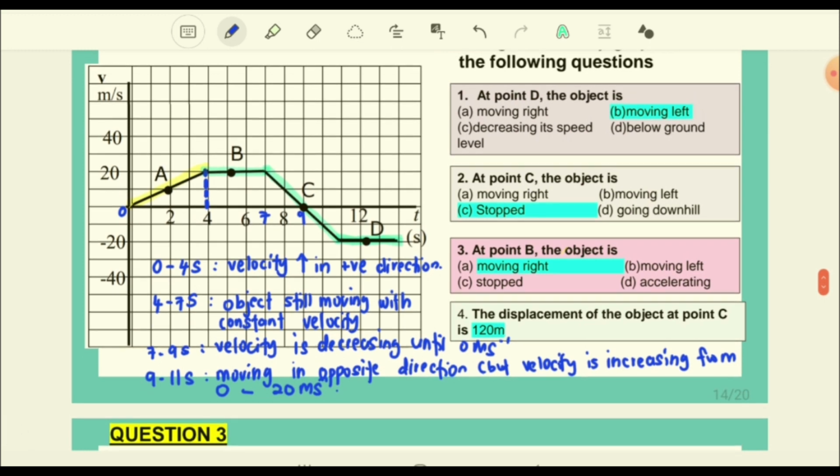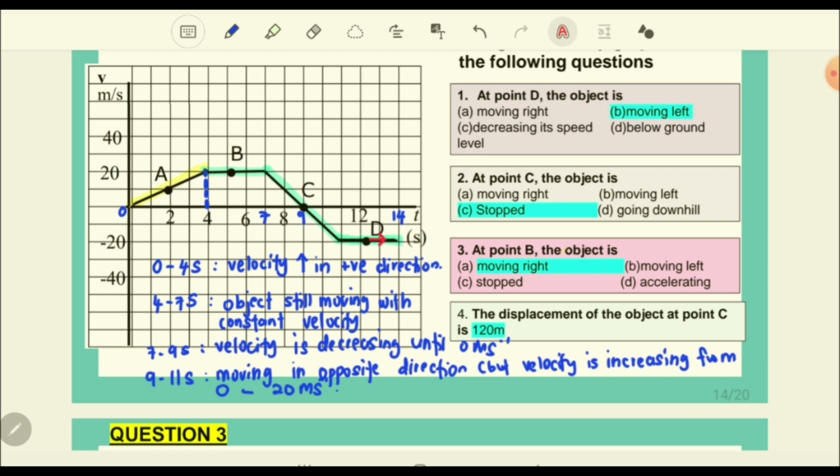And from 11 to here, 12, 13, 14, let's say here is 14. From 11 to 14 seconds, what happened?